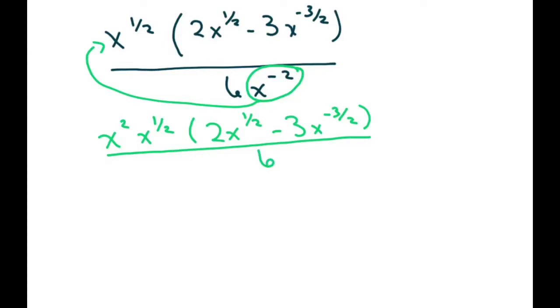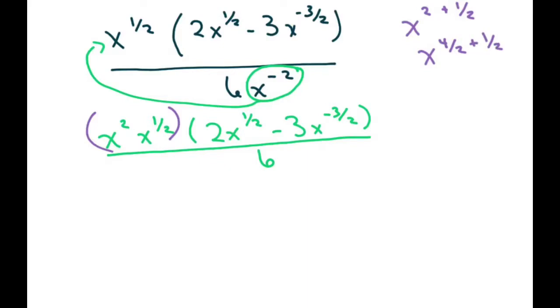Now, I'm going to deal with this part first. I'll do it up here. So this is like x to the 2 plus 1/2, using your product property. So when you add fractions, this is going to be 4/2 plus 1/2.